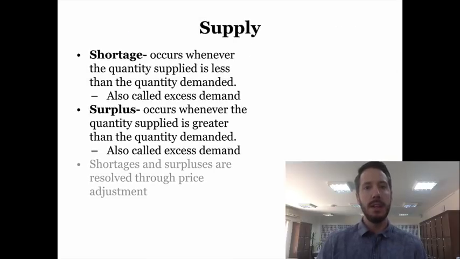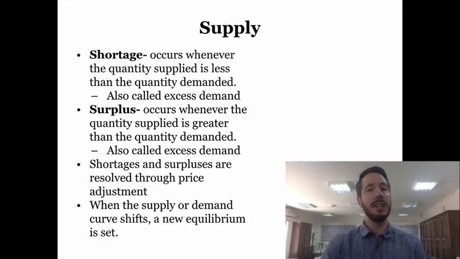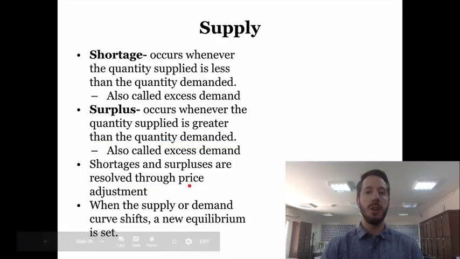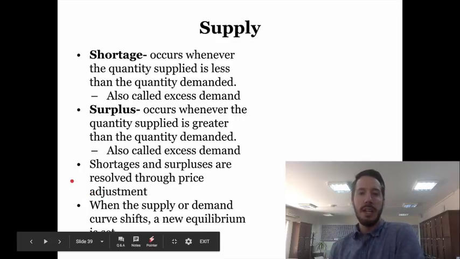So, a couple of terms we need to know here that we saw from this graph. A shortage is when the quantity supplied is less than the quantity demanded, and a surplus occurs when the quantity supplied is greater than the quantity demanded. And when that happens, you'll have price adjustment, which will eventually get you to equilibrium.